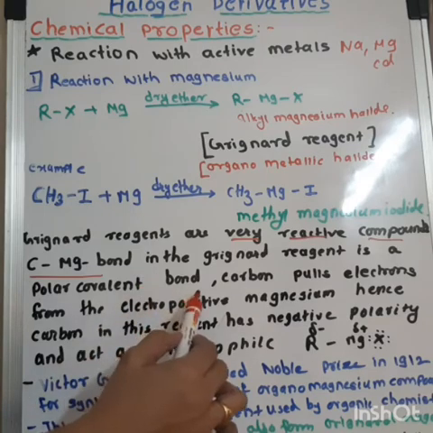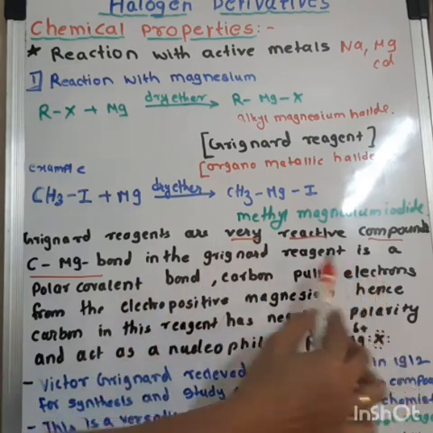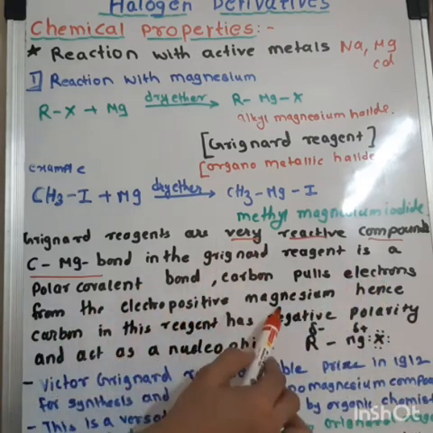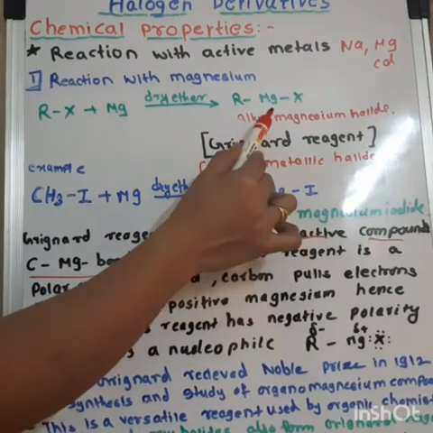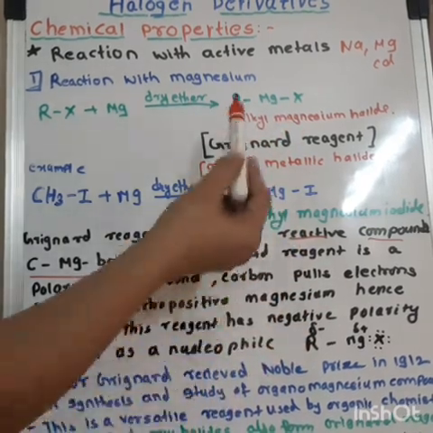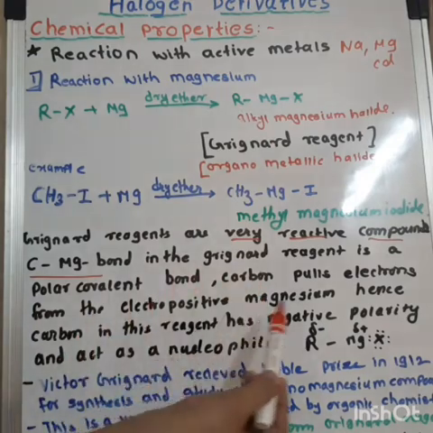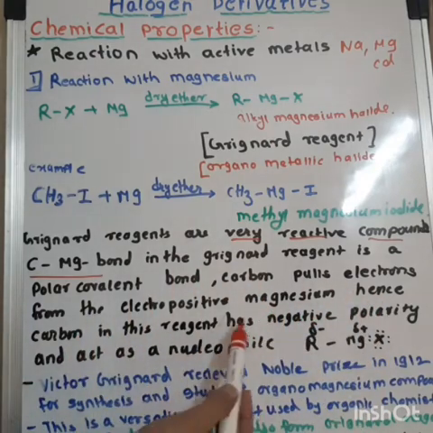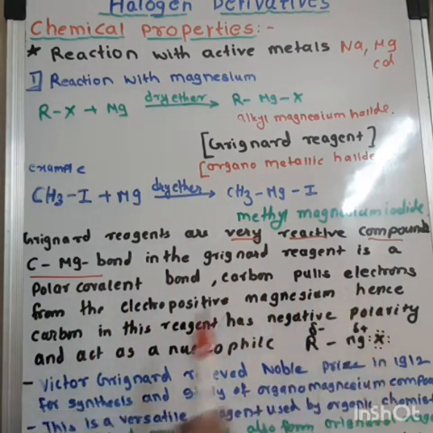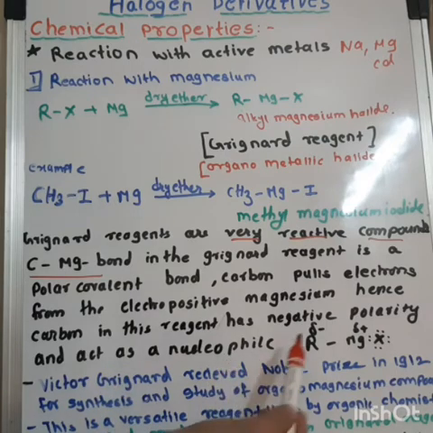Why polar covalent bond? Because carbon pulls electrons from the electropositive magnesium. As magnesium is a metal, it is electropositive. So carbon pulls electrons from that metal. Hence, carbon in this reagent has negative polarity and acts as a nucleophile.